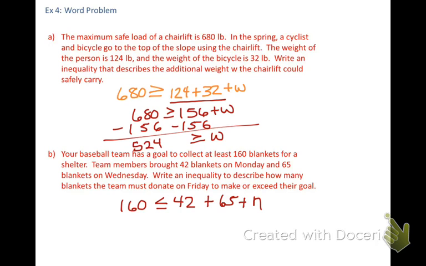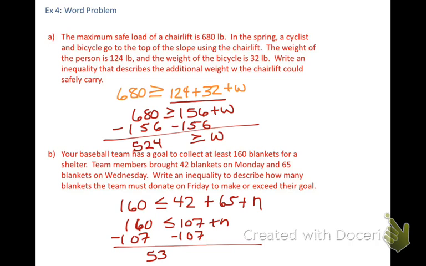N. Then you do 42 plus 65, which is 107, plus N. To get N by itself, I subtract 107, and that would be 53 is less than or equal to N. So you need at least 53 or more.